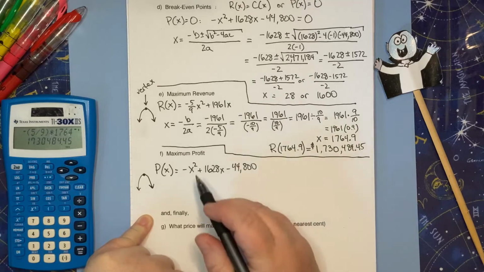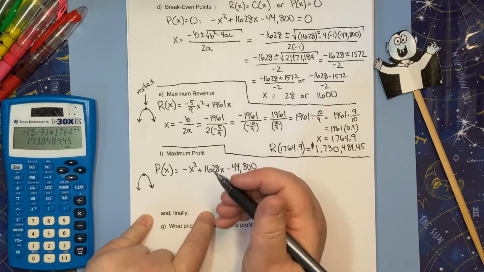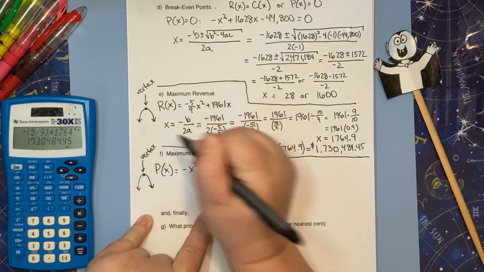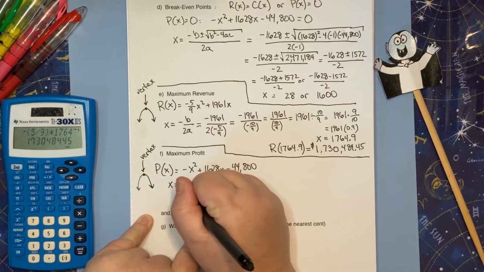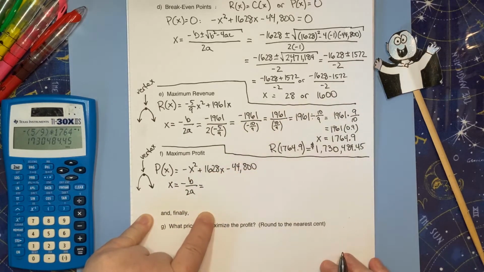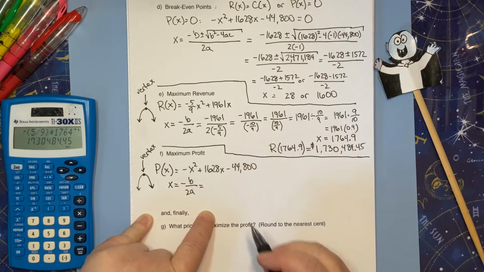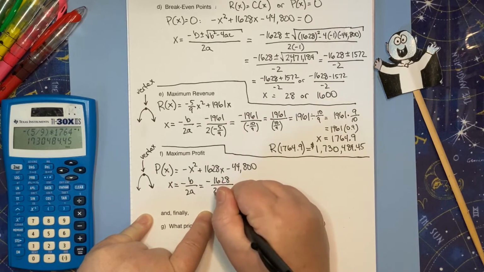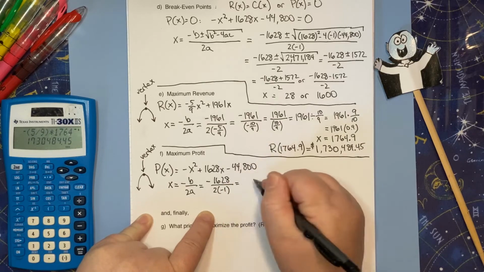Yay! So our maximum profit is going to be, again, the vertex. So we use our formula for vertex. X equals the opposite of b over 2a. We say, thank goodness, no fractions. The opposite of 1628 all over 2 times -1.